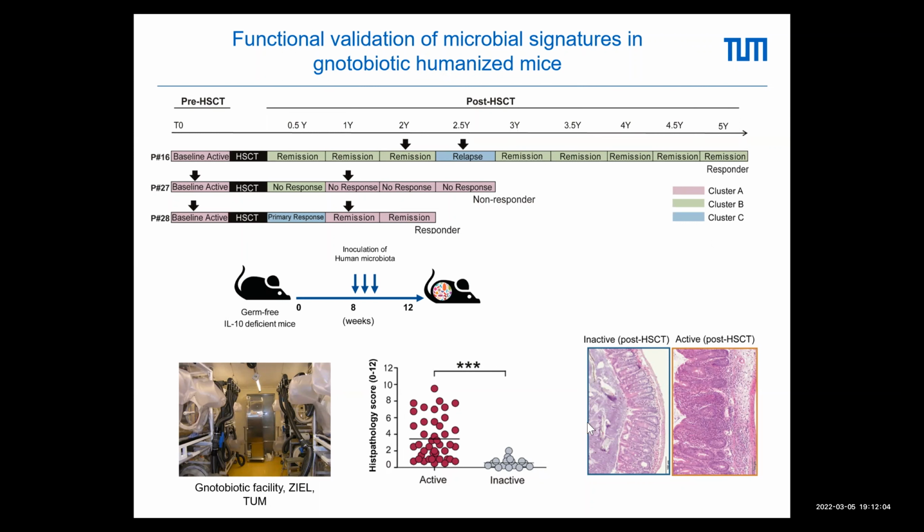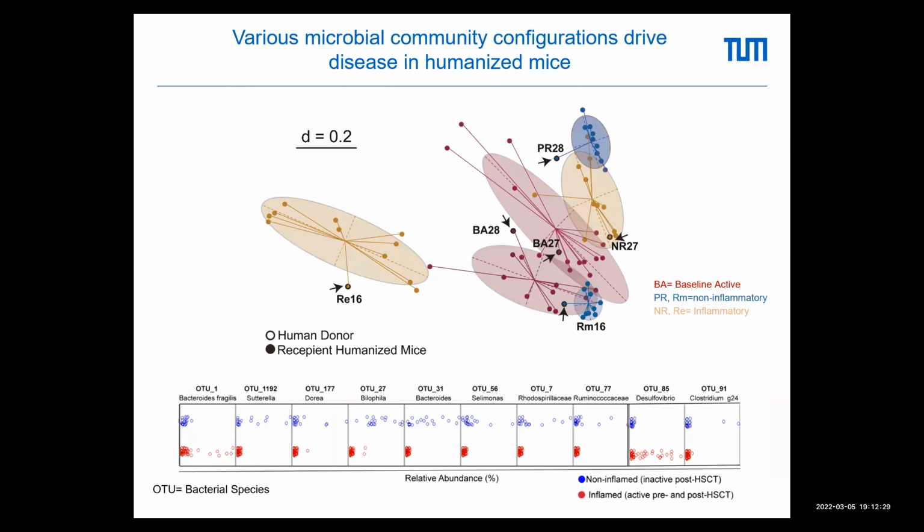We also saw inflammation in terms of inflammatory cytokines and immune cell infiltration in the gut. So that was again proof that the gut microbiota can transmit disease when transferred into a germ-free mouse.